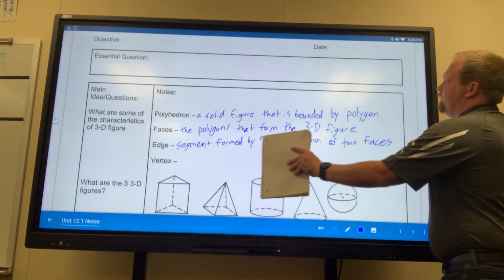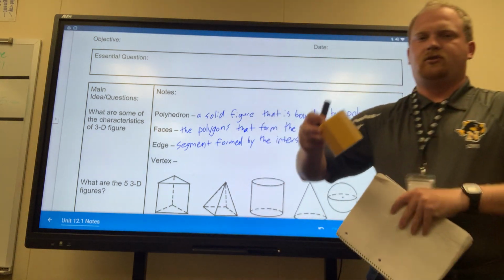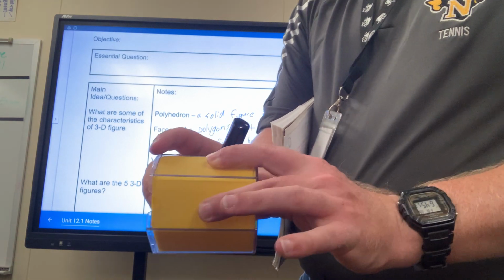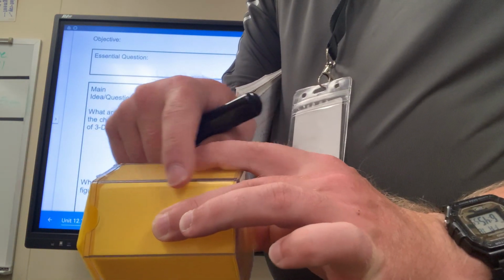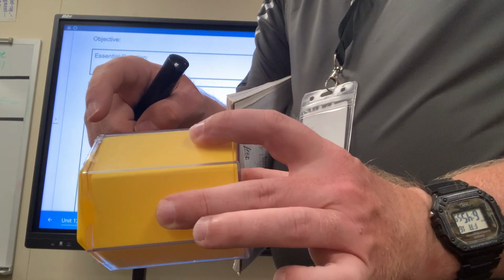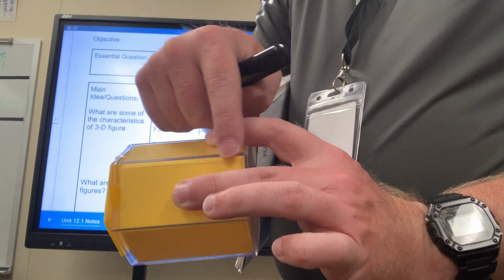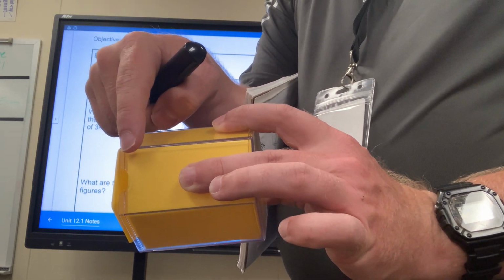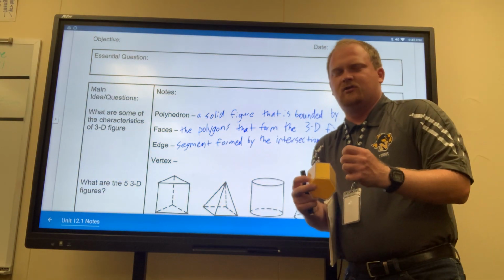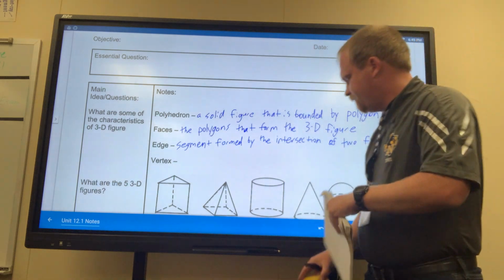An edge is a segment formed by the intersection of two faces. So if I look right here, I see these two faces, and they form this edge. With these two faces I have my fingers on, they form an edge right here. That's what we call an edge. There are two faces where they intersect and make a segment, and that segment is the edge.